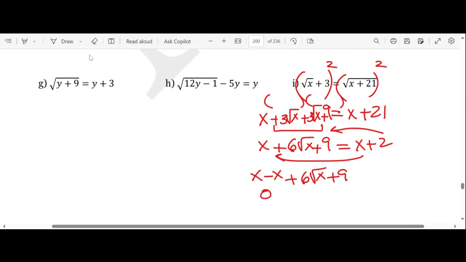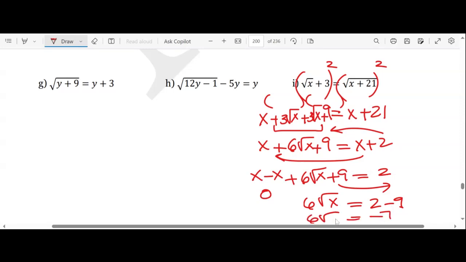It's better to move the 9 to the other side, okay? Let's move the 9 to the other side. So it becomes 2 minus what? So 2 minus 9 equals what? 6 square root of x.